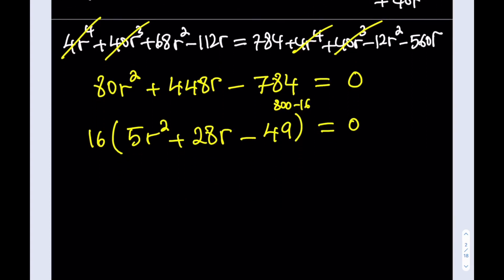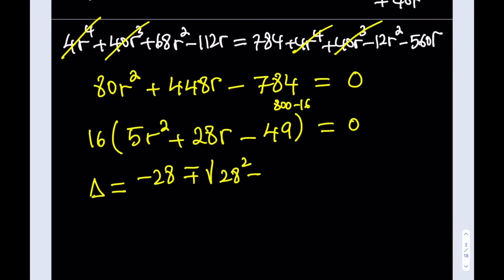Now, we have a couple options here. You can try the X method and look for rational solutions. If we have rational solutions, they're going to come up. But if we don't, let's just use the discriminant here. Negative b is going to be that. Then we're going to be getting plus minus the square root of b squared, which is 28 squared, minus 4ac.